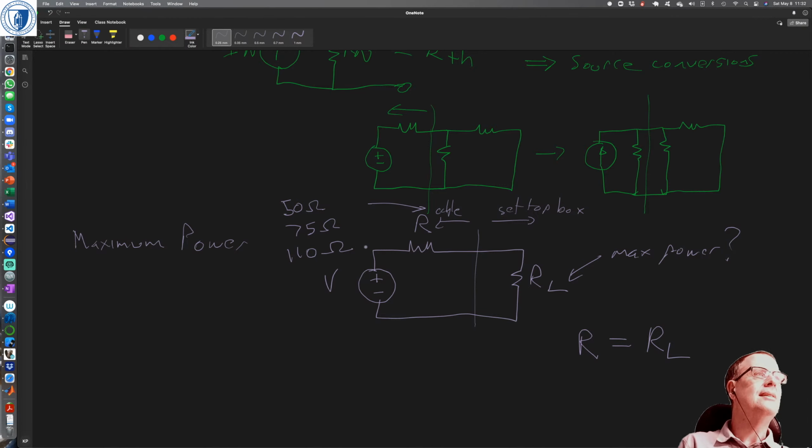What that means is the manufacturers of your set-top box, your cable box, need to make sure that the input impedance of their set-top box matches the numbers that the cable is from the cable company.